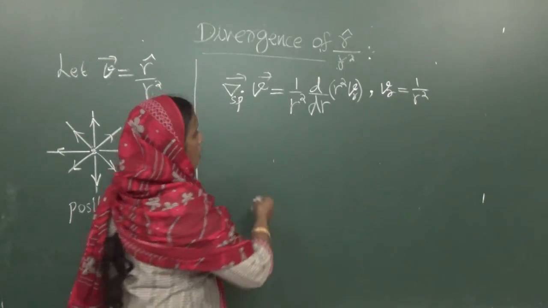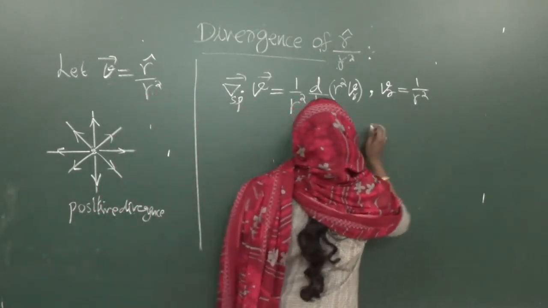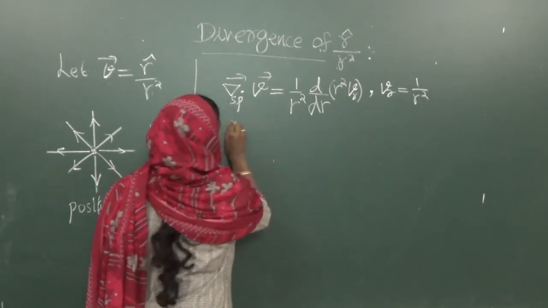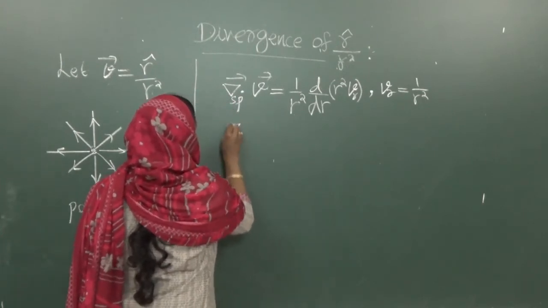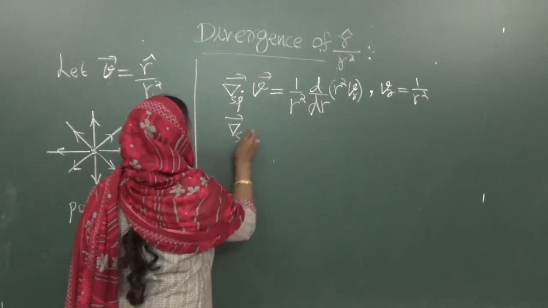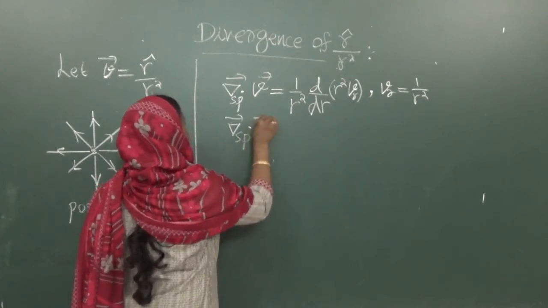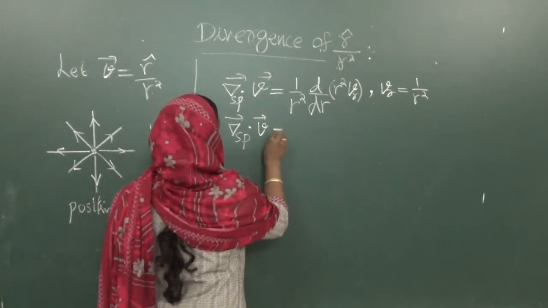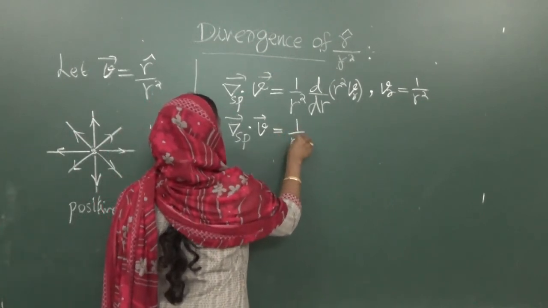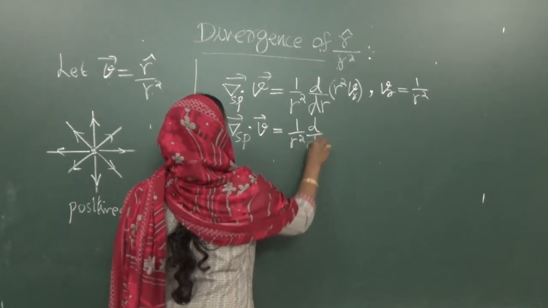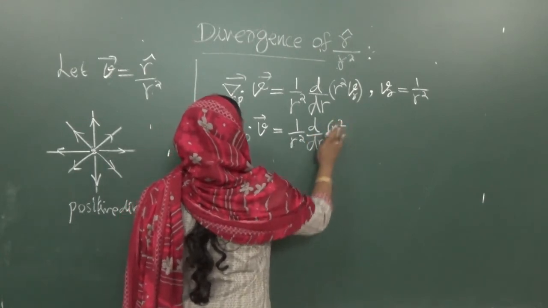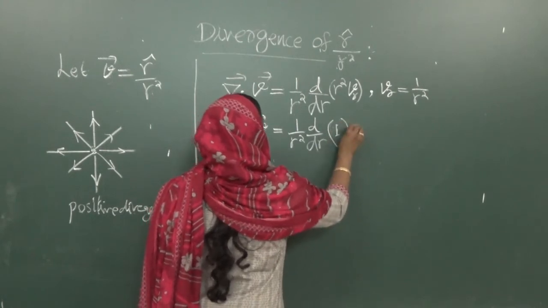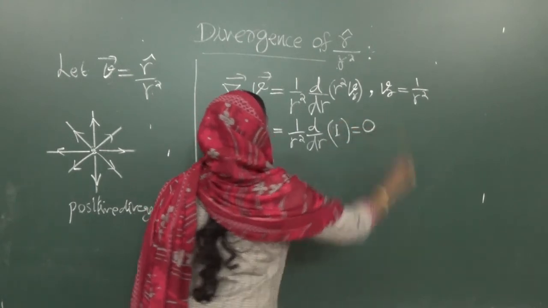So the divergence of v, 1 by r square d by dr of r square times 1, is equal to 0.